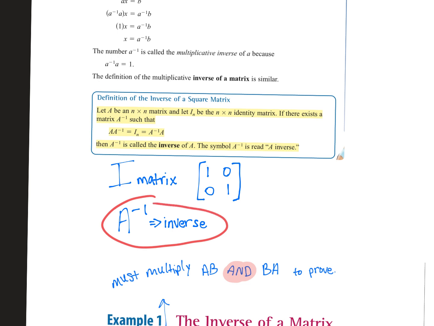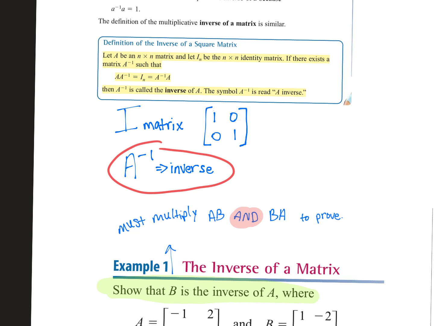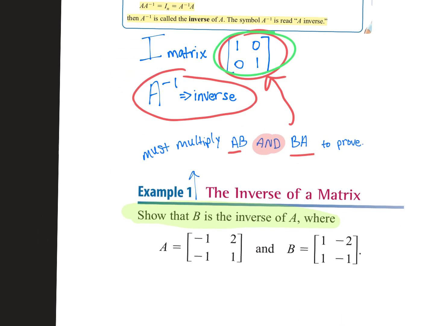Finding the inverse is the second thing we're going to do today. The first thing I'm going to do right now is verify that two things are inverses. In order to do that, you multiply the two matrices together both ways, A times B and B times A. When the identity matrix is revealed both times, that proves the two matrices are inverses of each other.